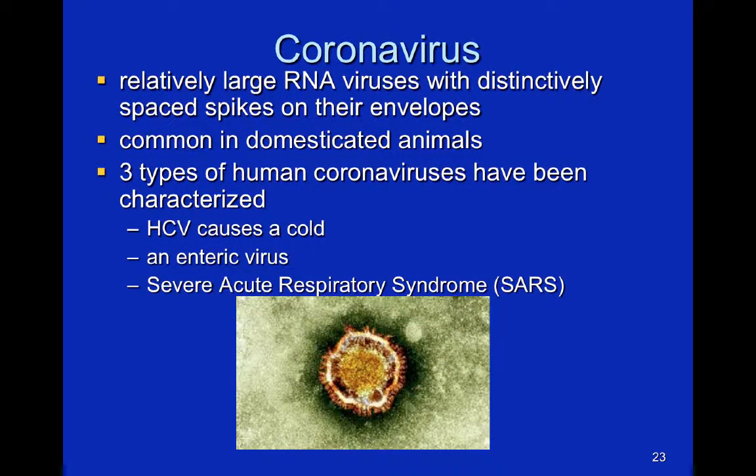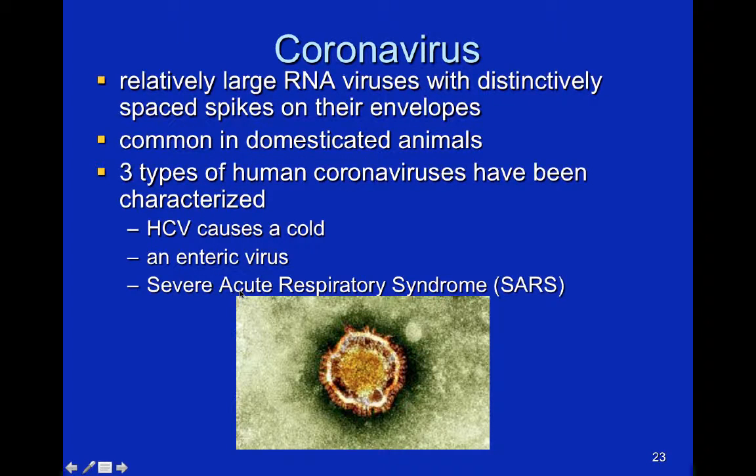And then on to the coronaviridae. If you look at the electron micrograph, these have distinctively spaced spikes on their envelopes, very common in domesticated animals, and there are 3 types worthy to mention here. HCV causes a cold. There's also an enteric virus.